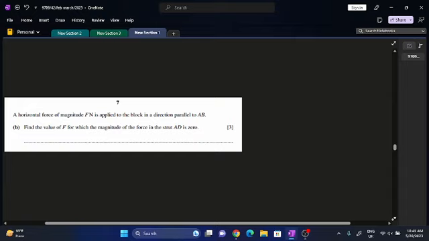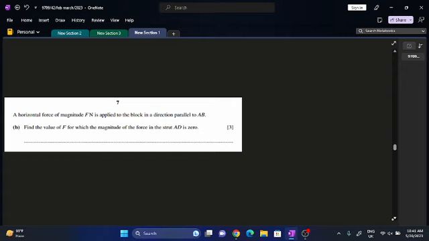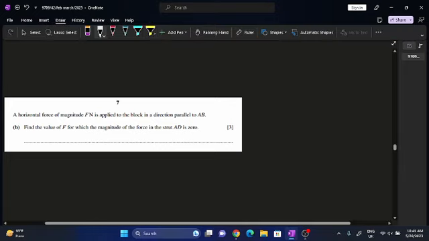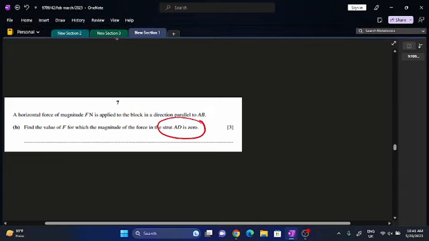Alright. For part B, a horizontal force of magnitude F Newton is applied to the block in a direction parallel to AB. Find the value of F for which the magnitude of the force in the strut AD is 0. The thing you have to use here is that the force in strut AD is 0.